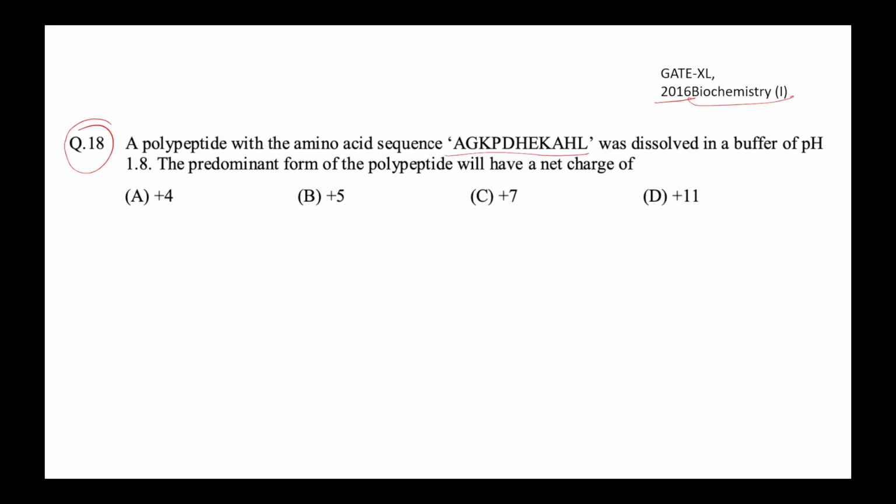Okay, so it has been asked about the charge on this polypeptide. The very first thing you should know for this question is the one letter code for the amino acids. You should know which letter is for which amino acid.